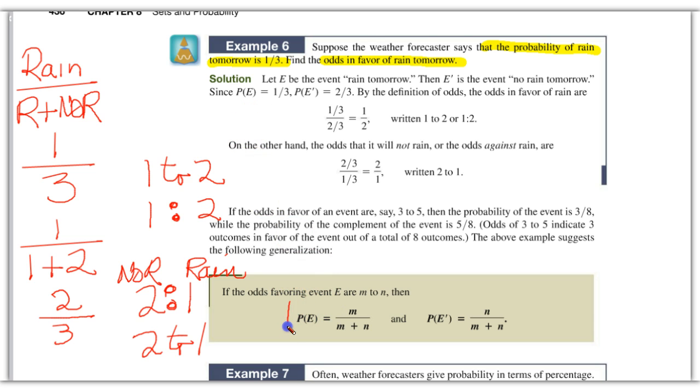Here's the summary. I like the way they set this up. Rain out of rain plus no rain would be probability. And then for the probability of no rain, there's your no rain out of the sum again of rain plus no rain.